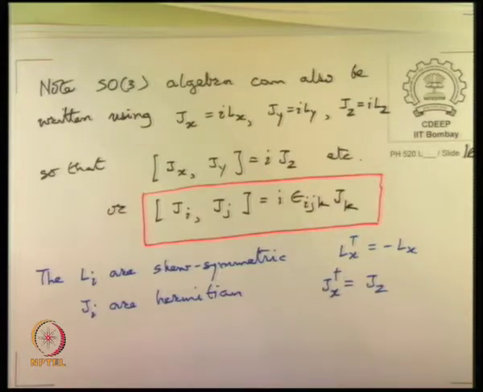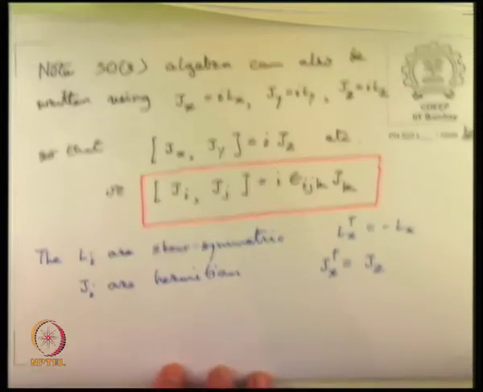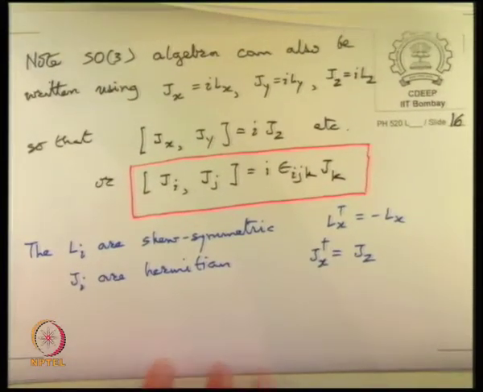So what is nice is that exponentiation of Hermitian matrices gives you unitary matrices. Now I will remind you of an old theorem we proved for finite groups, that any finite representation can be converted unitary.